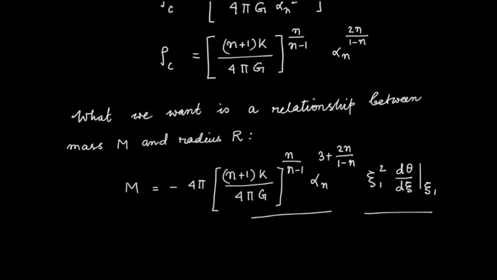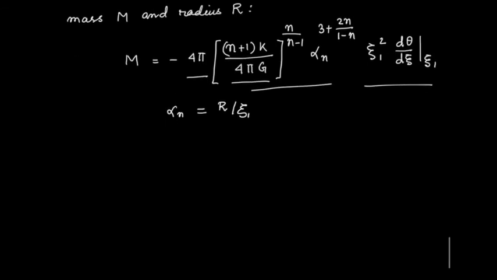Now this is a number. This is a constant, dimensionful. This is obviously constant. And we know that alpha n is r by xi 1. Alpha n is given by that. Again, xi 1 is dimensionless. R is the radius.